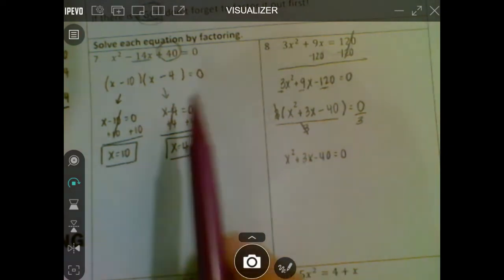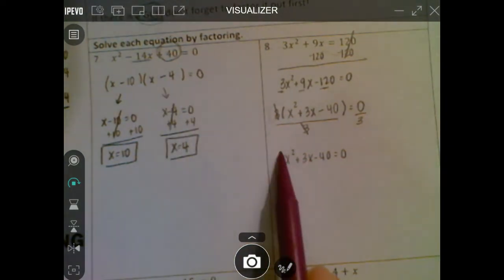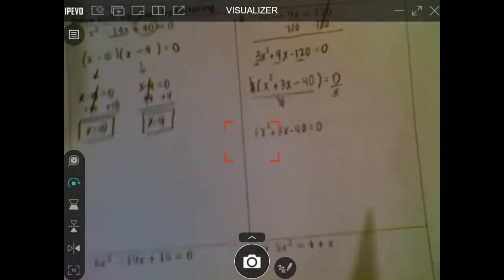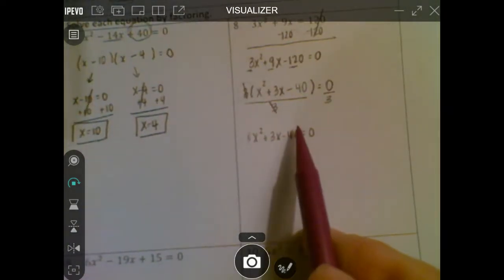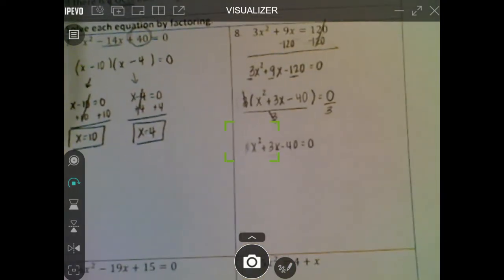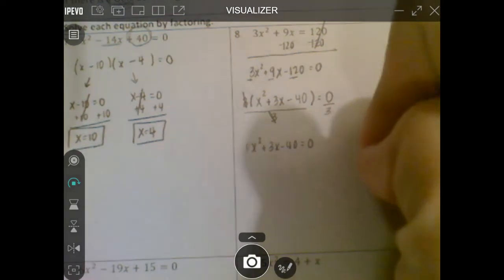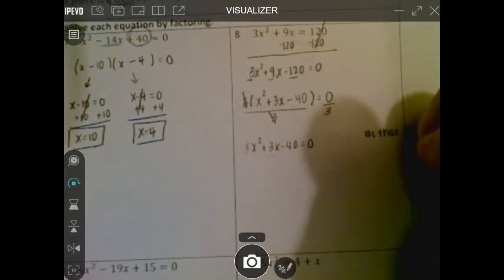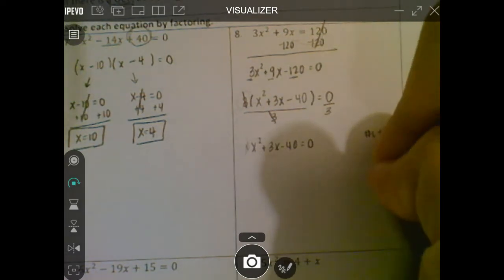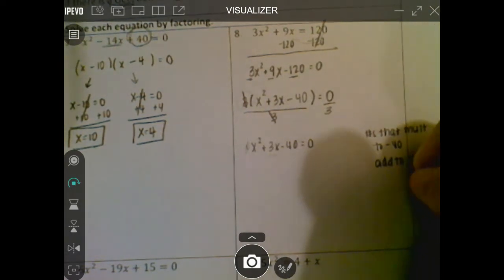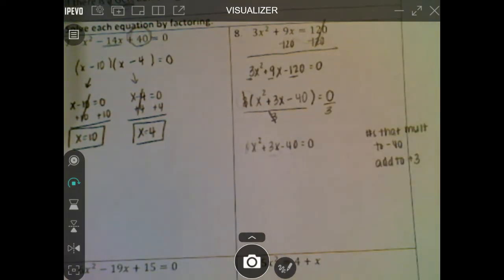So now this one looks pretty similar to the last one where I have a coefficient of 1 here. So really all I'm looking to do is, again, look for numbers that multiply to this last value but add to the middle value. So I'm looking for numbers that multiply to negative 40 but add to positive 3.